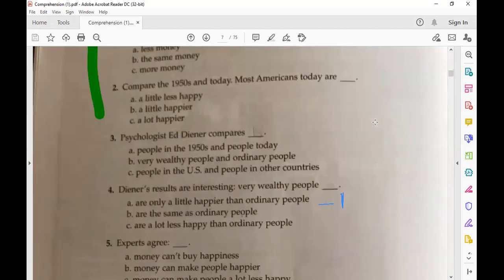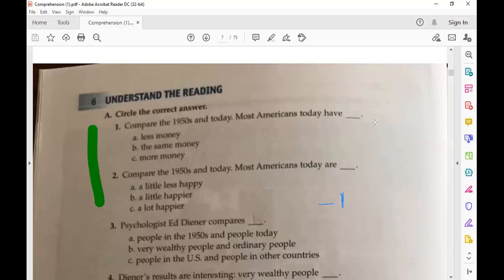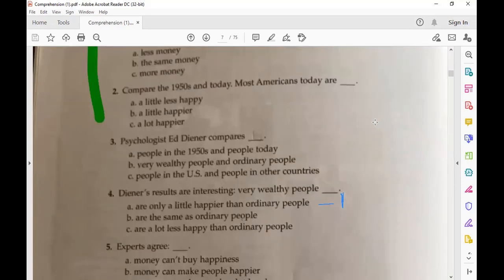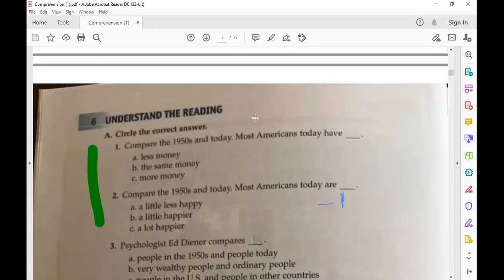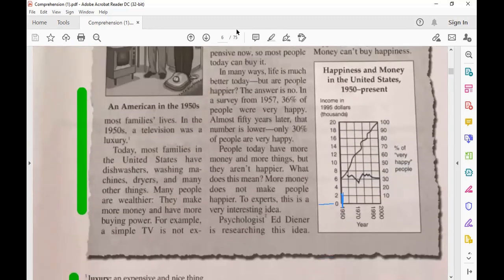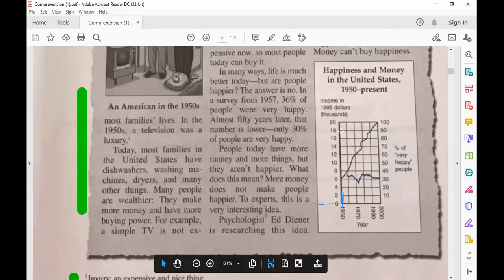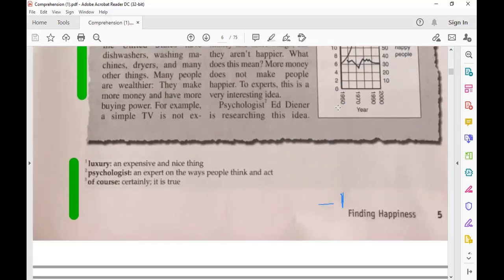Psychologist Ed Diener compares people in the 1950s and people today, very wealthy people and ordinary people in the US and people in other countries. You can know simply from the chart what the comparison is all about. Happiness and money. Is he comparing between years or between others?